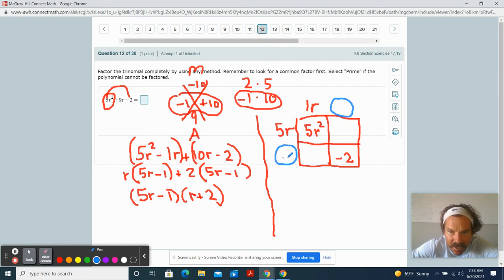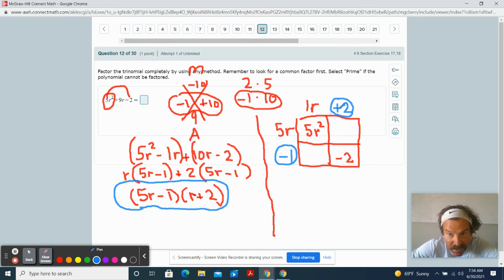Now, I know this is the answer, right? Because I've already done it. You're not going to know the answer before you're doing the problem, but I'm going to go ahead and cheat a little bit. I'm going to put +2 up here, and I'm going to put -1 down here. Okay. Now, you might not do that. You might put a -2 here and a +1 here.